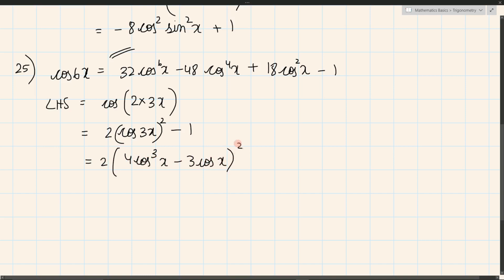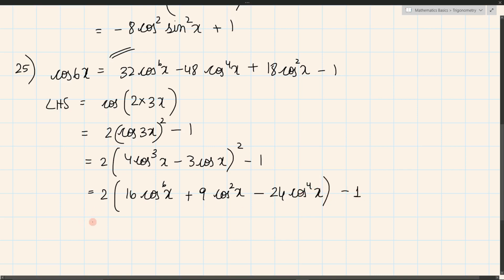Whole square minus 1. So by expanding this, I'll have 2 multiplied by 4 square is 16, cos cube whole square is cos to the power 6x, plus 3 square is 9 cos square x, minus 2 into 4 is 8, 8 into 3 is 24 cos to the power 4x, minus 1.